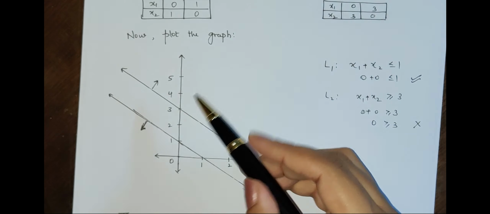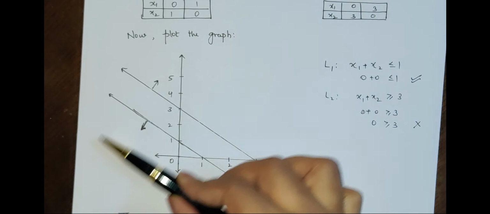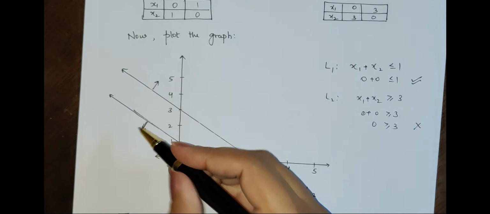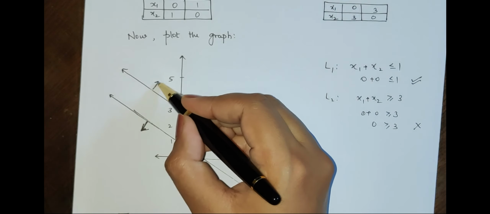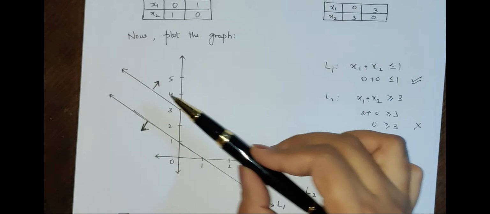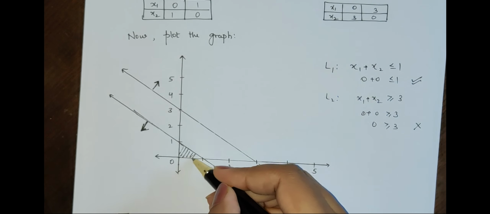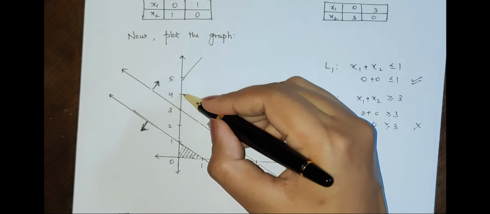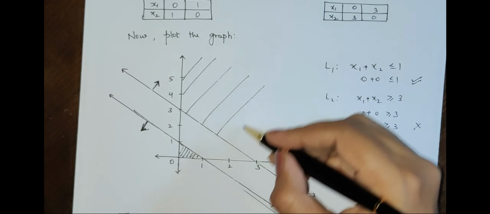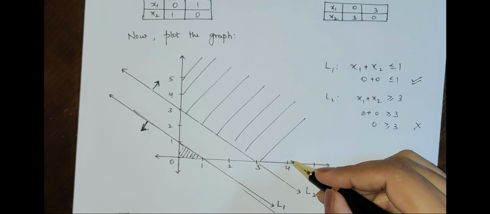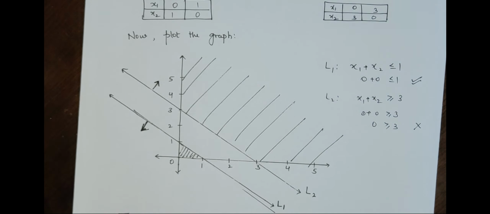Now do you find any common part between the two? The answer is no, because one is going downwards and the other is going upward. So we can draw the diagram for a while. This is one shaded region and this is another shaded region. We are dealing in the first quadrant, but we do not find any common region, right?